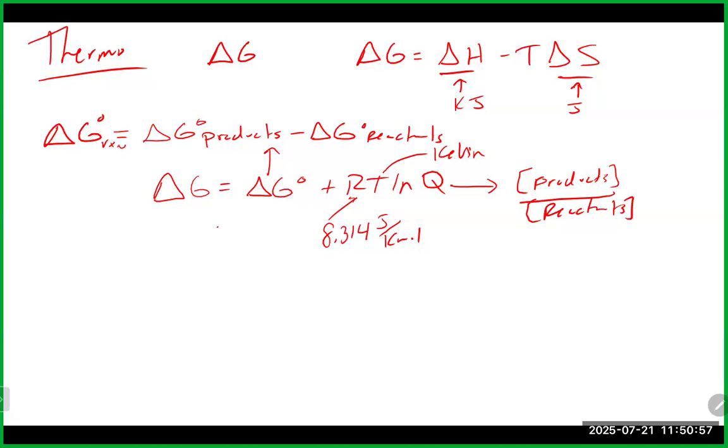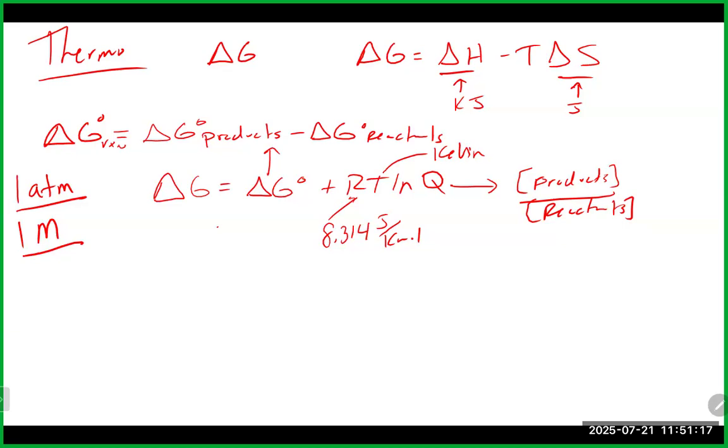Again, in this case, we would use this equation if something is not under standard conditions. Remember, standard conditions typically mean that if you're doing anything with pressures, they should all be 1 atmosphere. If you're doing anything with concentrations, they should all be 1 molar.